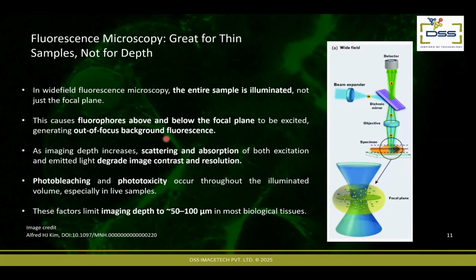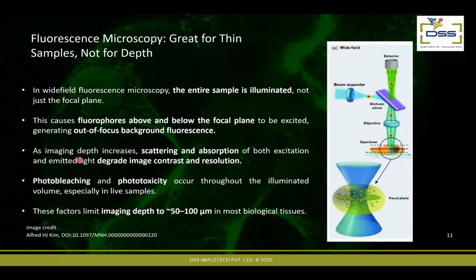That causes fluorophores above and below the focal plane to be excited, which creates out of focus background fluorescence. So whatever plane you're focusing on, you're getting background fluorescence from all the other planes, because the whole sample is getting excited and the whole sample is giving emission. That is why you get a lot of blur when you are imaging even a cell monolayer.